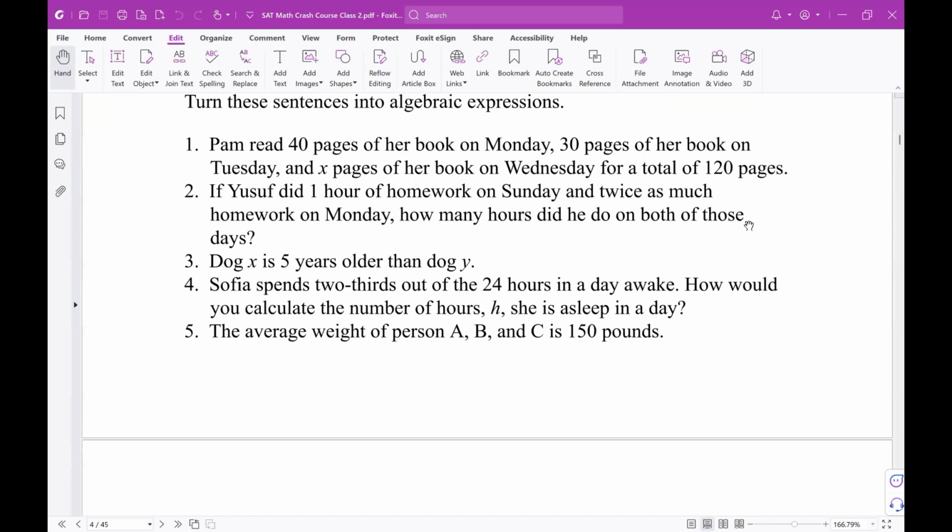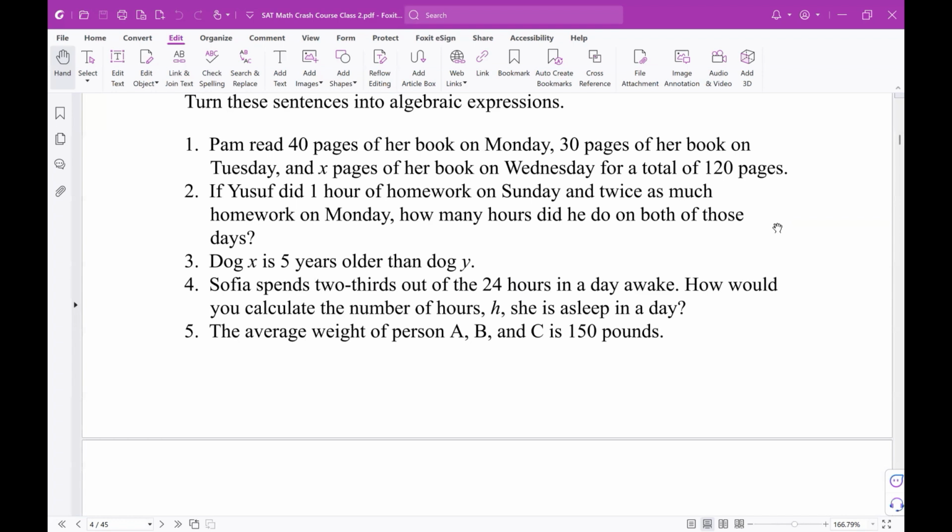So if she is awake two-thirds, then definitely the time she is not awake, she's sleeping, is equal to 1 minus 2 by 3, right? Yes. 1 minus 2 by 3 is the time she is asleep.